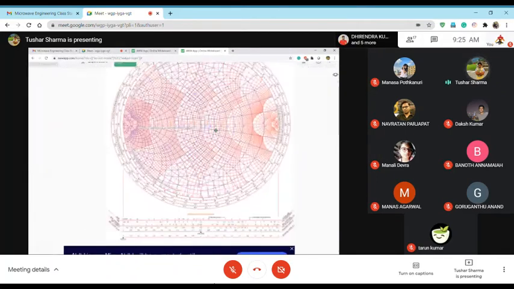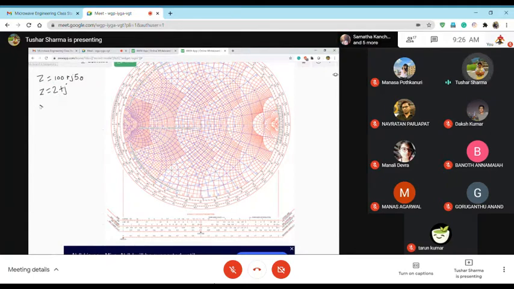Okay. So let's take another example. Let's say Z, same example. Z is equal to 2 plus J, or my capital Z was 100 plus J50. Now, if I know my capital Z, I can normalize and I can get my normalized impedance.